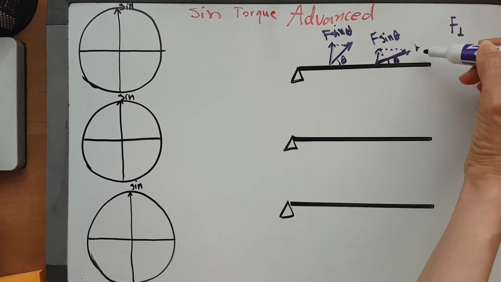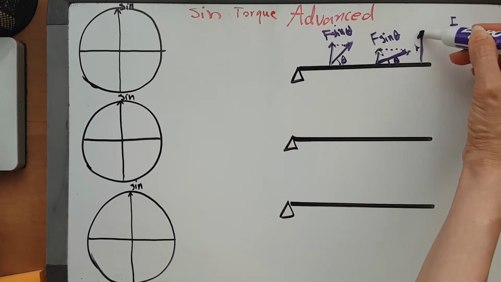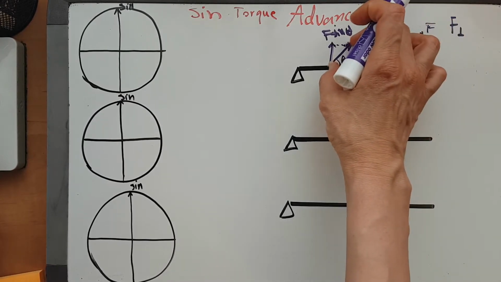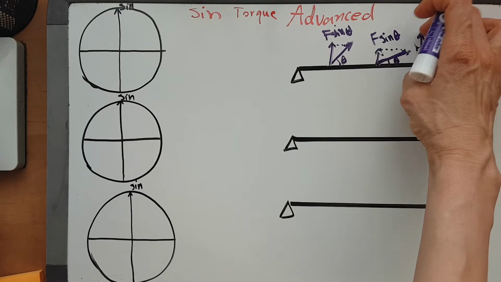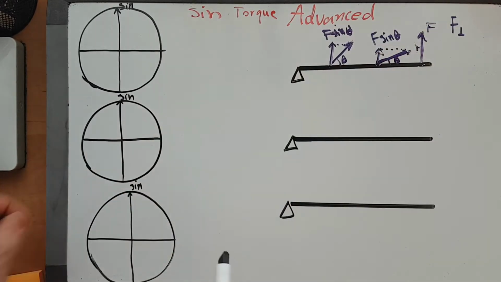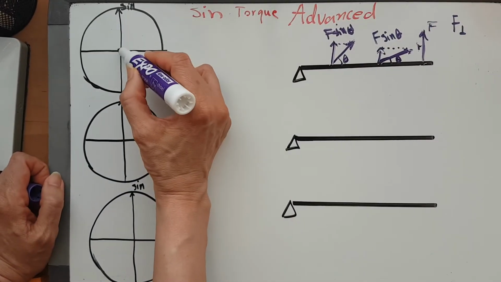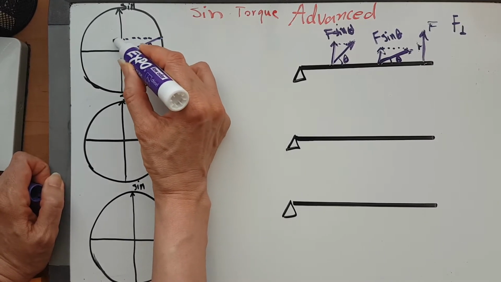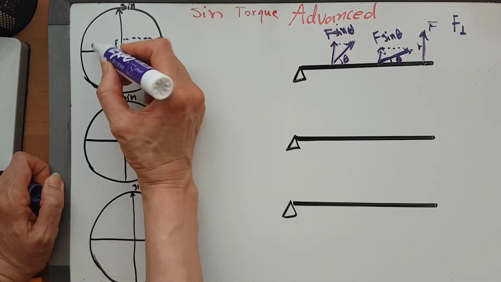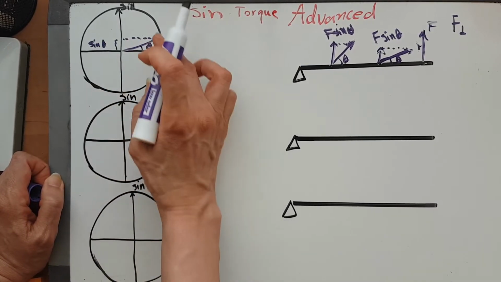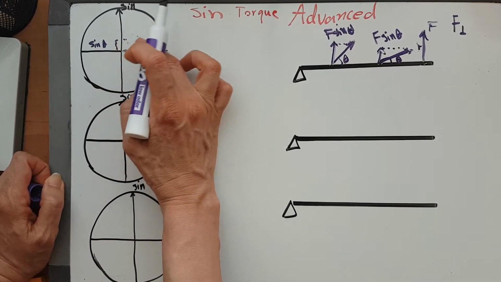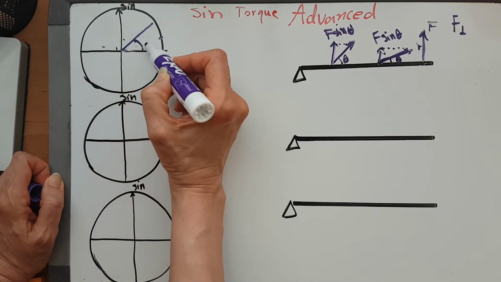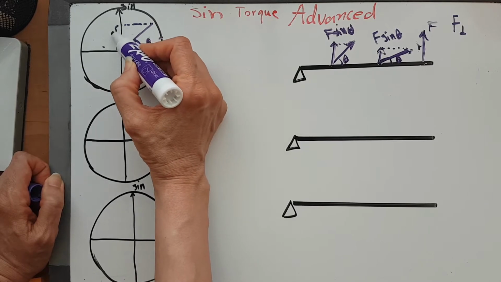So if my force is applied like this, with the same size, the whole force is causing the torque and it is the maximum. As you can see here, this is sine of theta. As theta gets bigger, the sine gets bigger.